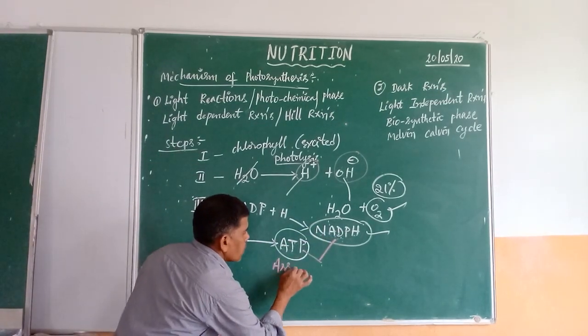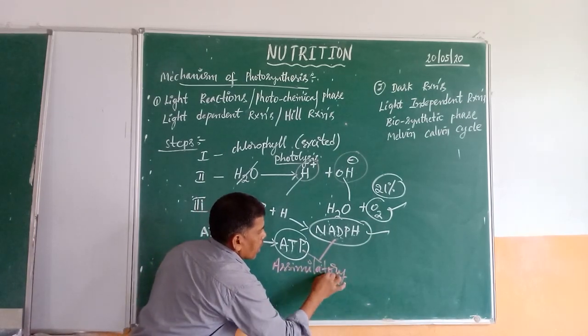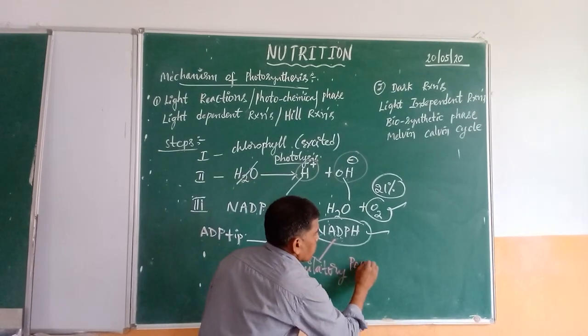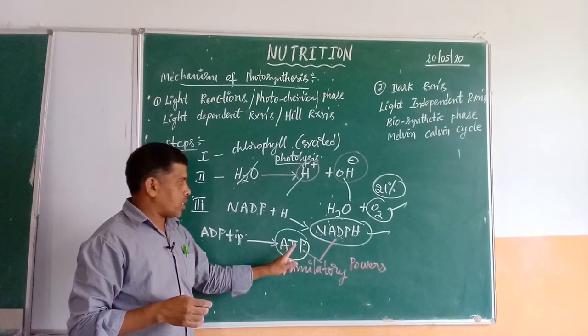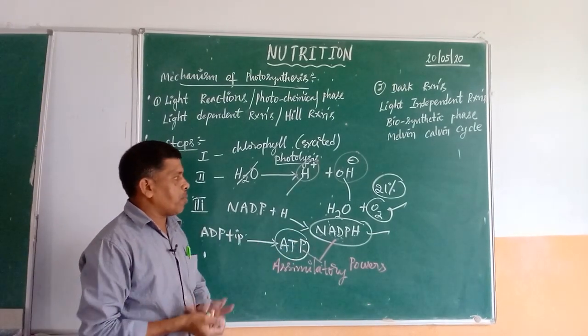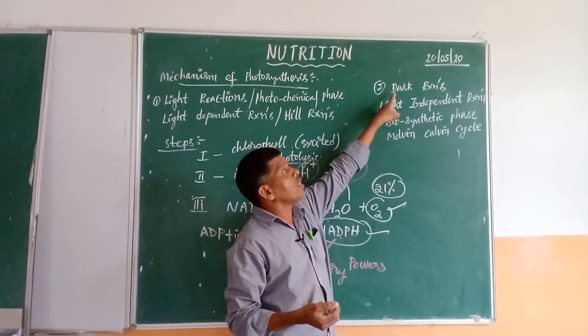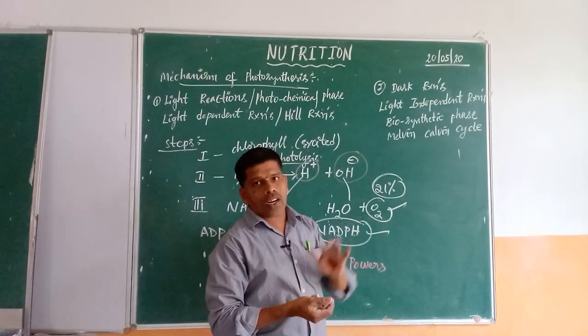Without which the dark reactions cannot be carried out. With the presence of these assimilatory powers, ATP and NADPH, the next further reaction, that is the second stage of the mechanism of photosynthesis called dark reactions, will continue.